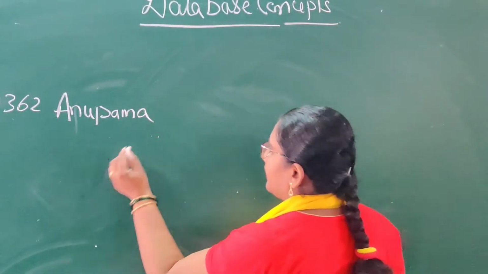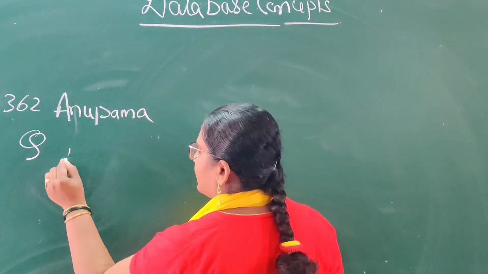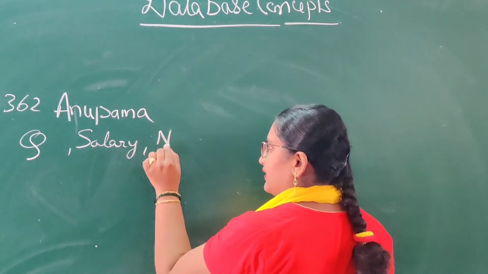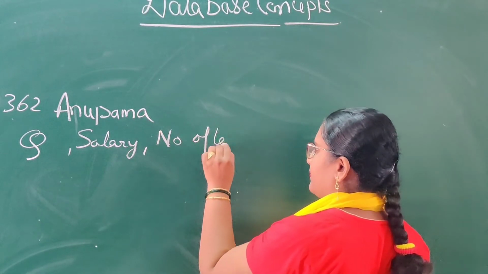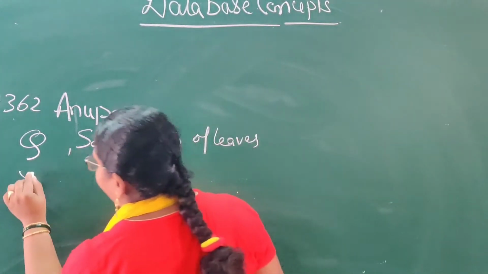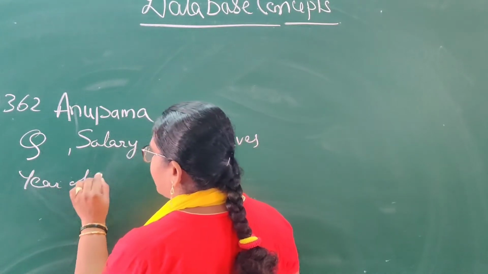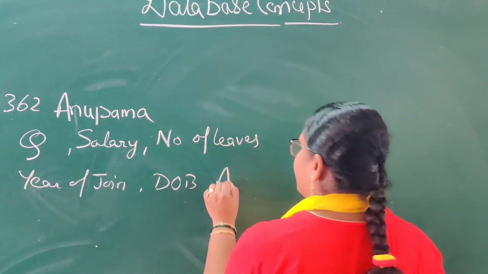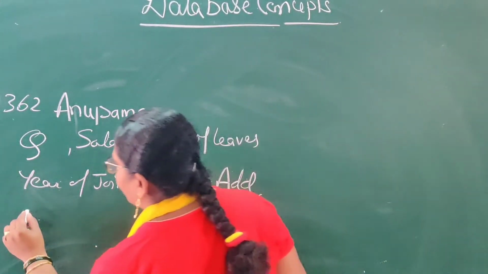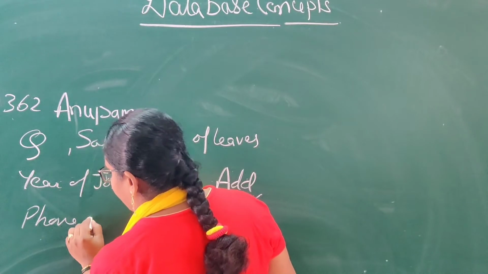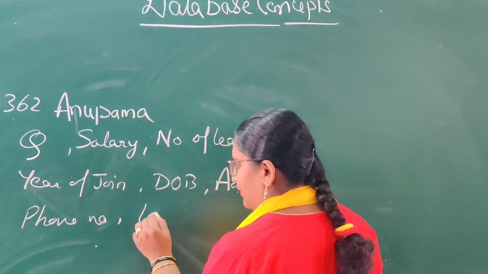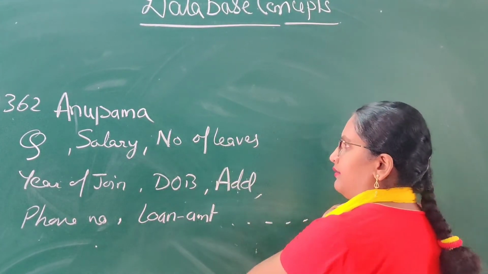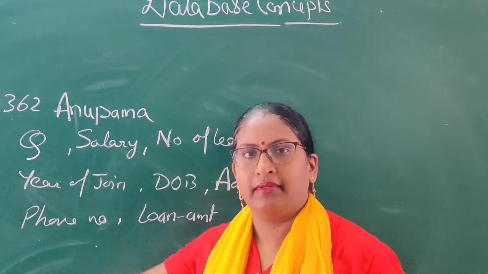Her qualification is there, her salary is there, her number of leaves are there, year of joining, her date of birth, address, her phone number. Suppose if she has taken any loan, the amount is there. A lot of things are related to this Anupama.